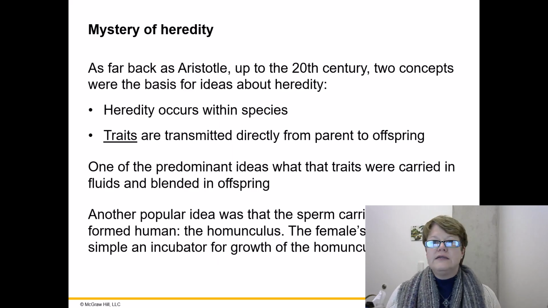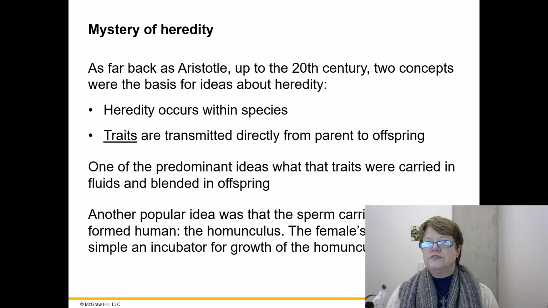So back in the time of Aristotle, probably even further back than that, people wondered how heredity works. And there were some very common ideas up until the Age of Enlightenment, when people started thinking about things very logically and scientifically. Before that time, people thought that heredity only occurs within a species.